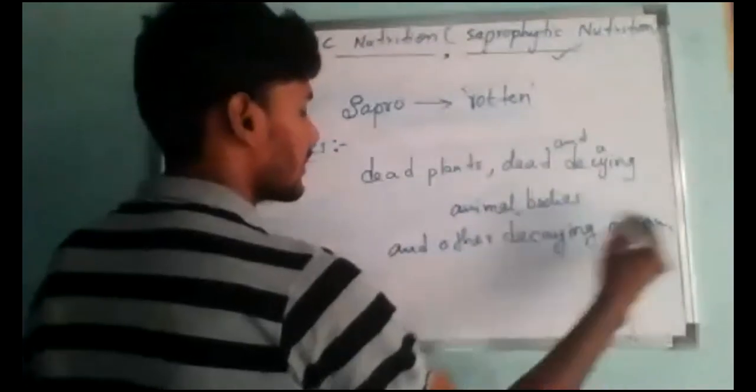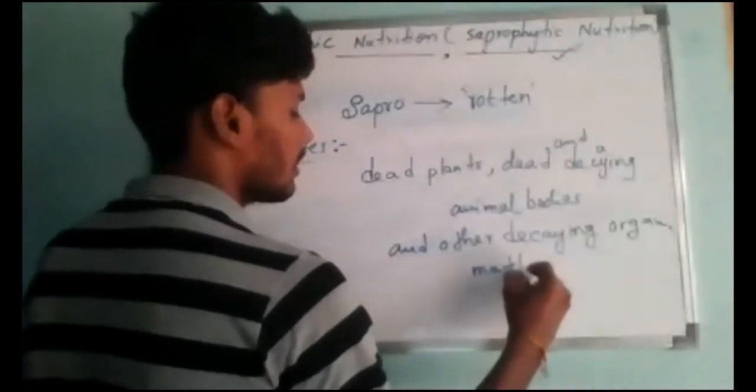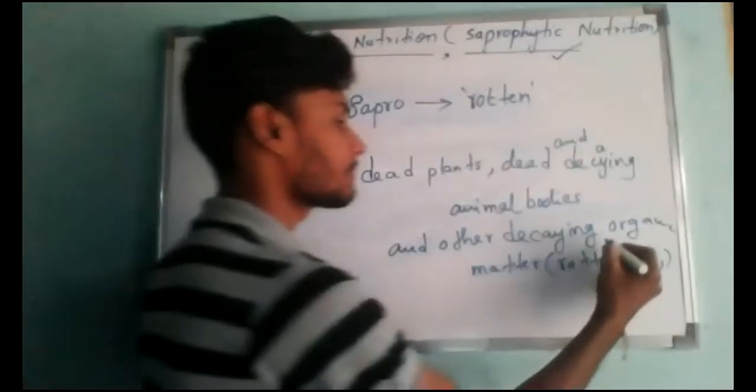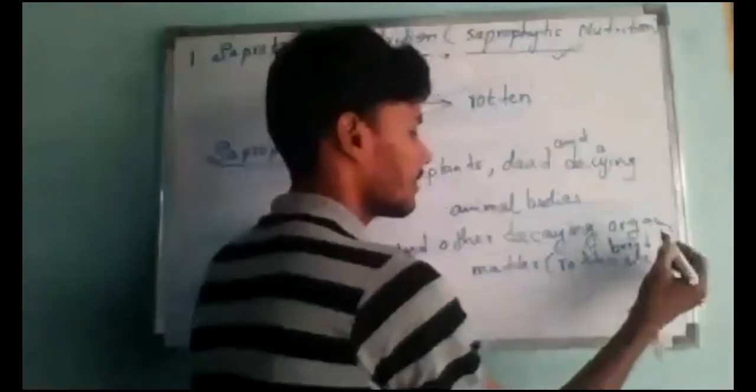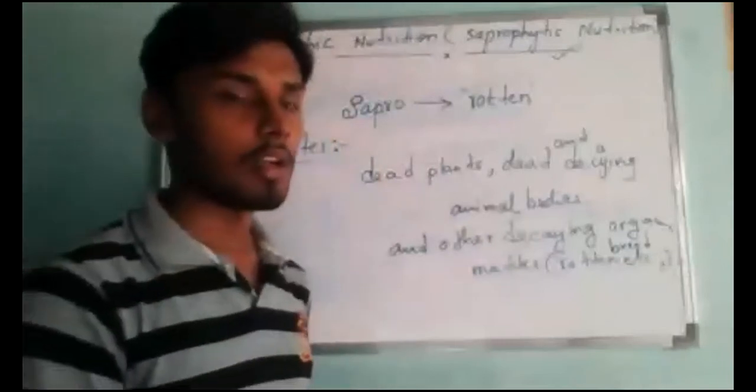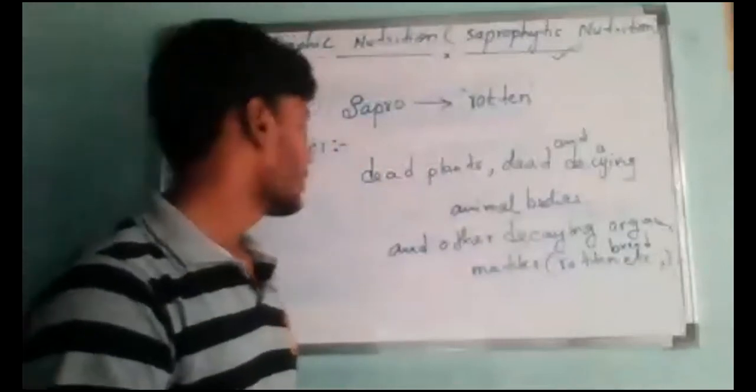So what does organic matter mean here? Rotten bread, etc. Organisms that feed on these are called saprophytes.